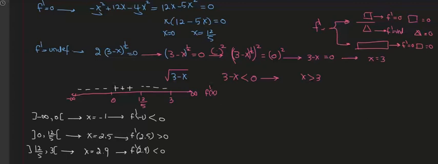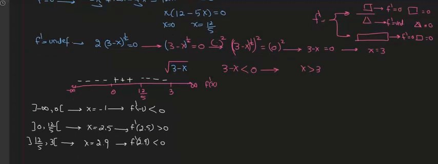Now if we try any point in the last interval from 3 to infinity, we will notice that the function does not exist. So from 3 to infinity, choosing any point, equal to 4, 5, 6, and even 3.1, is going to give us f dash undefined.